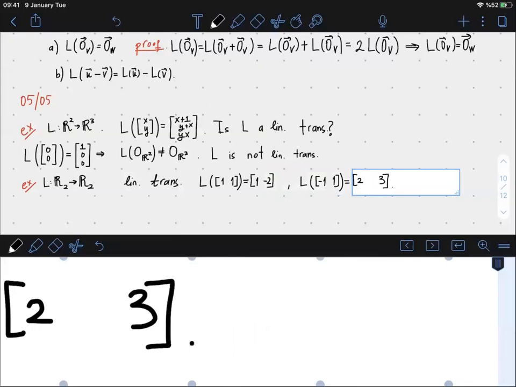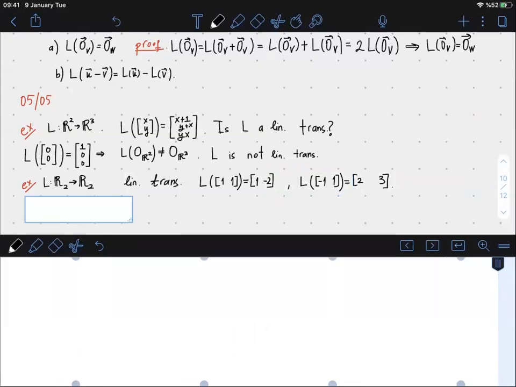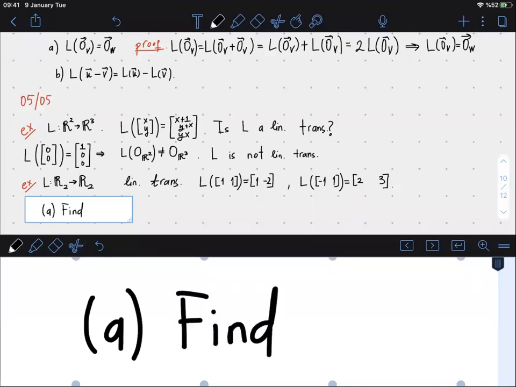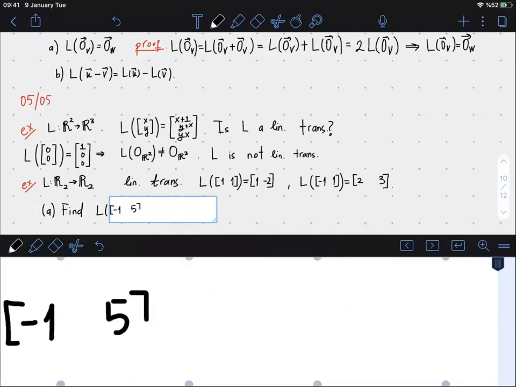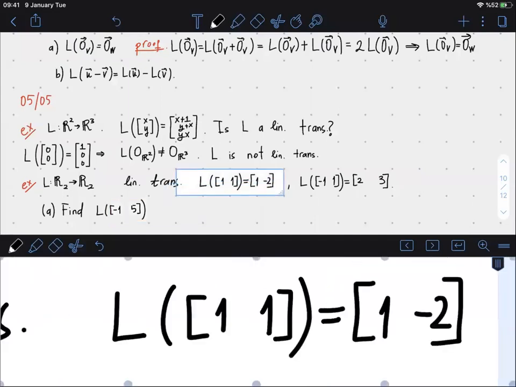So what is the question? The first part is this: find L of (minus 1, 5). We are given L of two vectors.